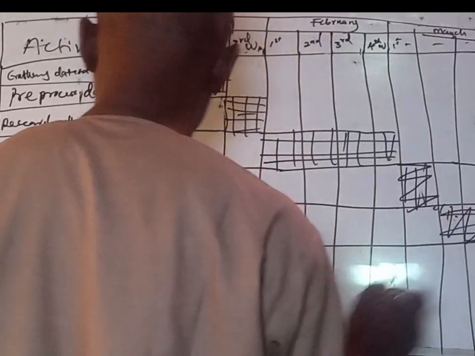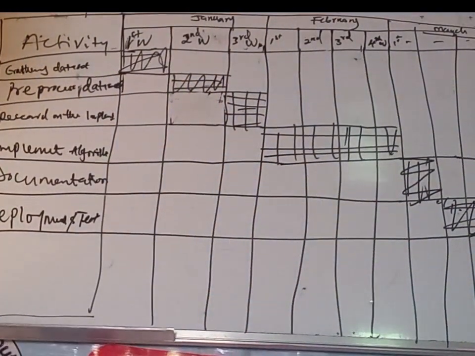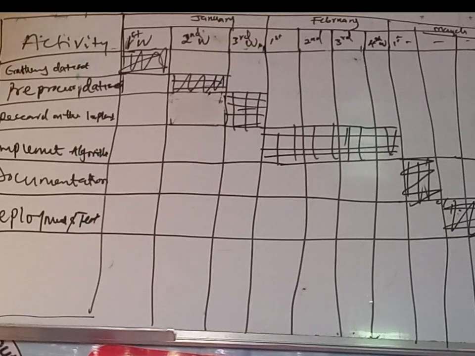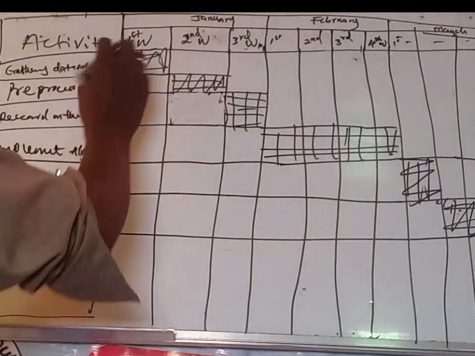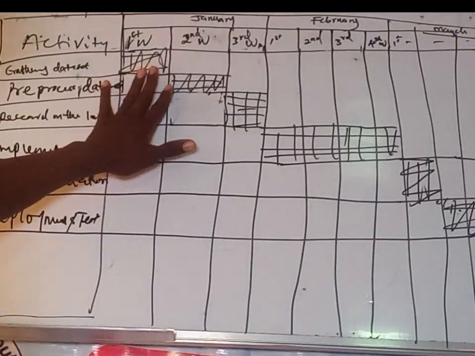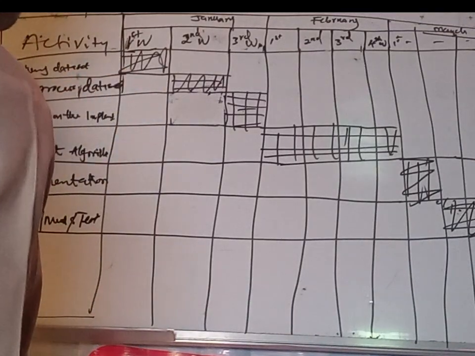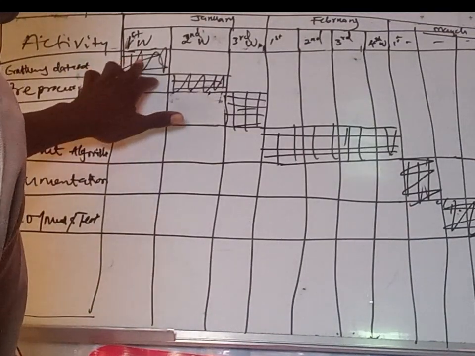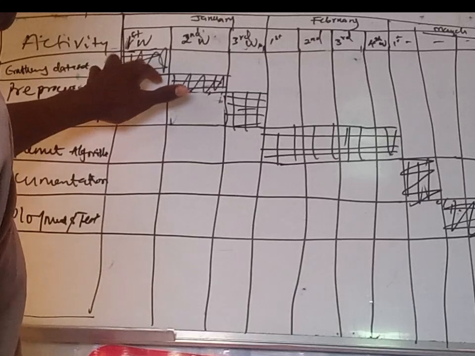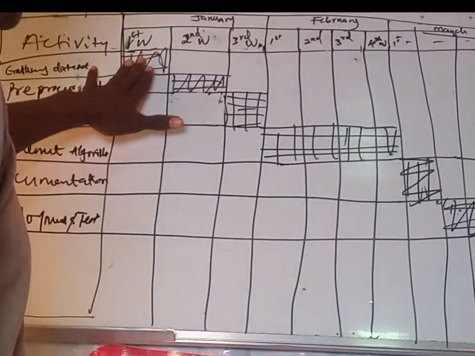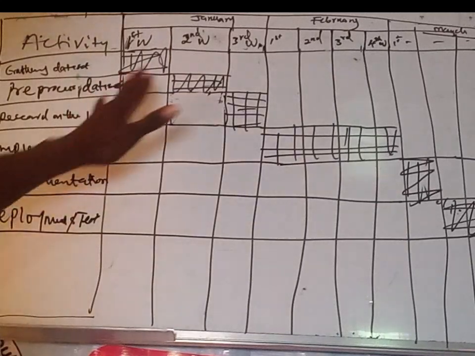So with this, you see you have prepared your Gantt chart, which will enable you to track the milestone of your achievement. It means at the end of the first week of January, once you're coming into your Gantt chart, you will get to see that yes, you need to complete this task by the first week, that is gathering the data set. With this, you can be able to ascertain the milestone.